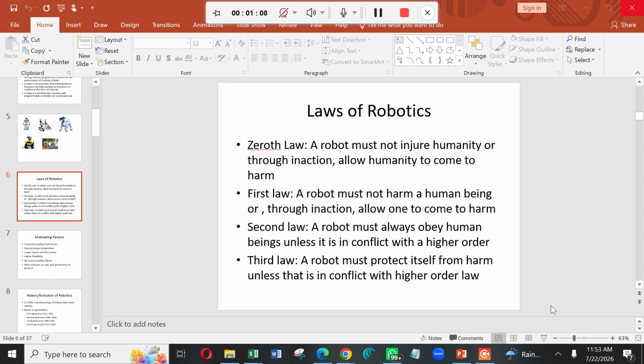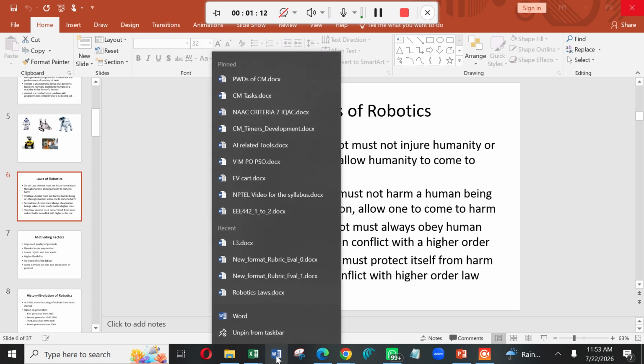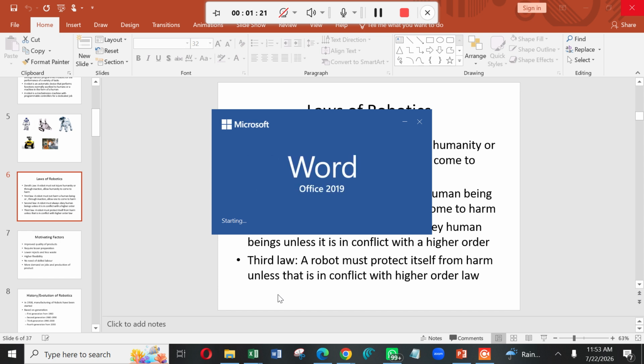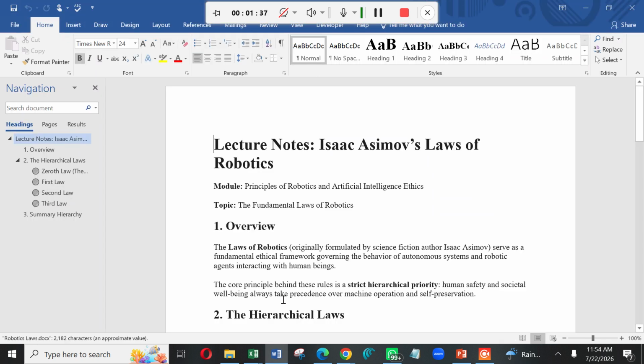Now, if we want to talk about more detail about the laws, we can refer to this Word document, where I expanded these points with some more description.